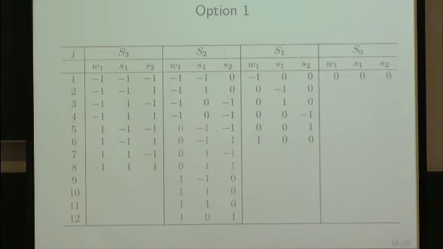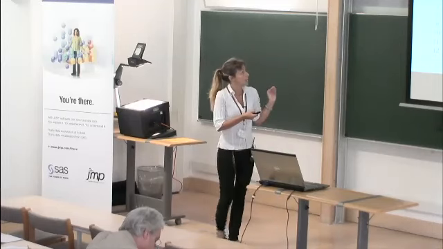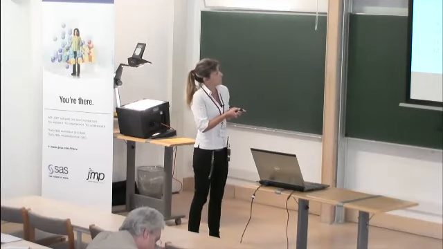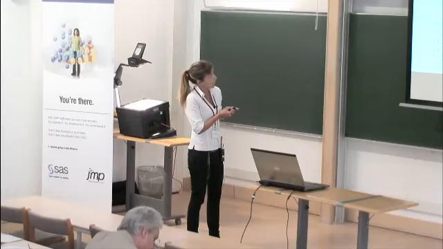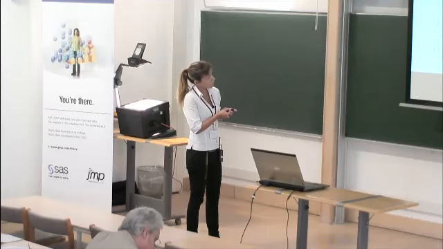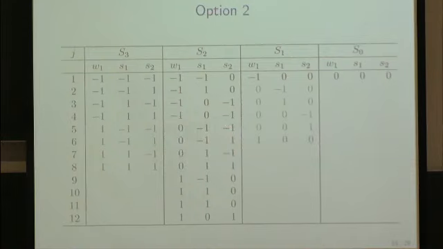The first option is to consider only subsets S3 and S2, and in this way we can obtain 5 whole plots of size 4. Here we can see that no run is replicated in this design. In the second design, we consider runs from subsets S3 and S1, and now we use the axial points, so we have to replicate them 4 times in order to obtain whole plots of size 4.